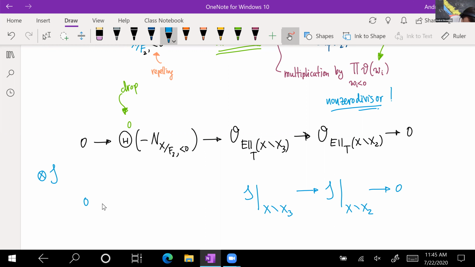And here, whatever it is, S tensor with this, or maybe X restricted to F2 tensor with minus, let's just write, the normal bundle.